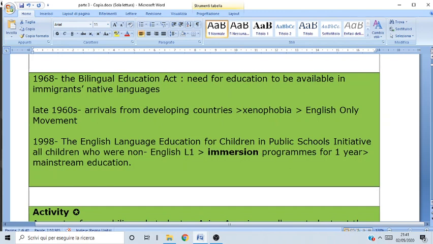But this idea was born because of the context, because in the 1960s, lots of people got to the United States from developing countries. And this led to further phenomena of xenophobia and to the rise of the English-only movement.